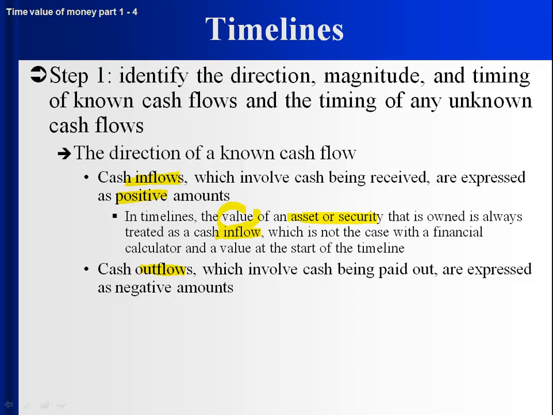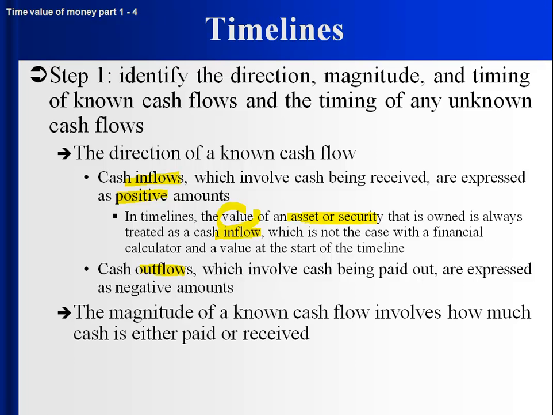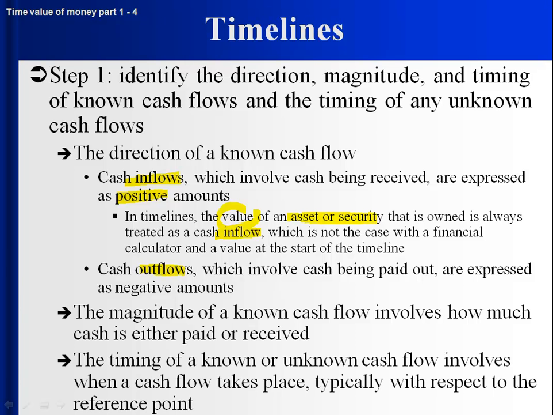Often money at the beginning of a project, or a time when we have to pay a bill, those are cash outflows. Magnitude, just how big: $100, $1,000, $1,000,000. And finally, timing. When does the cash flow take place? We know time value of money. If we have to pay $100, it is a big difference whether we pay it today or whether we pay it 20 years from now.